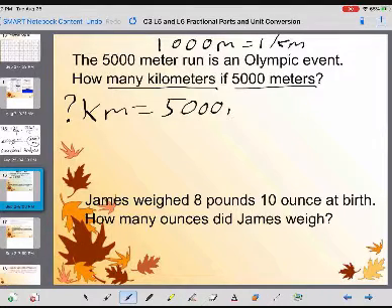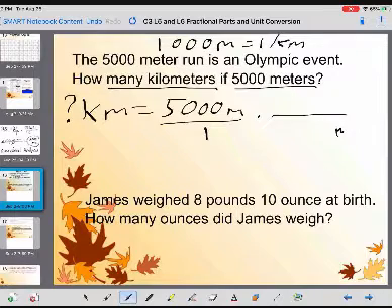All right, and then again, I'm going to multiply the 5,000 meters so that meters will cancel by this next fraction. So if I have meters on top, I'm going to want meters on bottom, and we see our conversion factor is 1,000 meters in 1 kilometer.